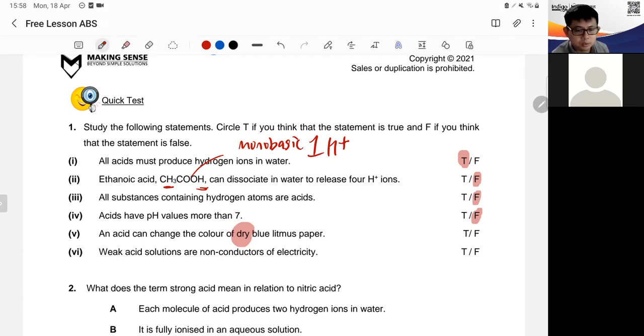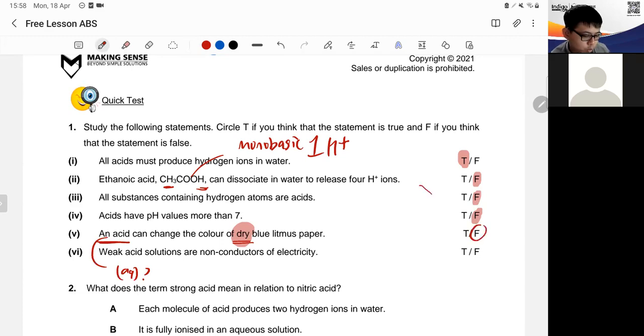But if you think about it, this question is a bit vague, because are they saying that the acid is already in aqueous form? Or if it is, then it's fine, because the water comes from the fact that there is water inside the acid solution. Okay, but if I take it at face value, I see the word dry. No, probably not. It probably wouldn't work.